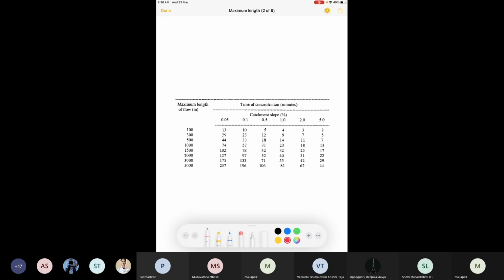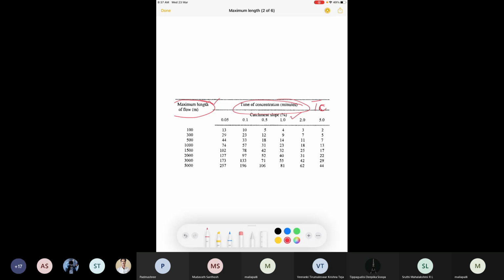Here, if you see, the time of concentration values are given in the table. Knowing the maximum length of flow, that is the watershed length, and the catchment slope, knowing the slope and the maximum length of flow, you can find out TC, that is the time of concentration.